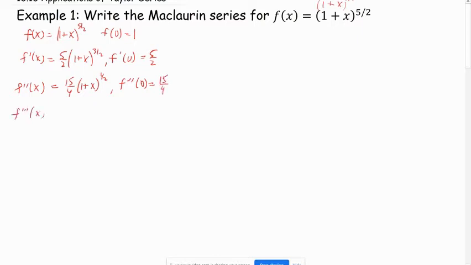The third derivative is 15 eighths times 1 plus x to the negative 1/2. If we plug in 0, we get 15 eighths. I was simplifying these coefficients as we went each step, but recognize that the first one is 5 halves.